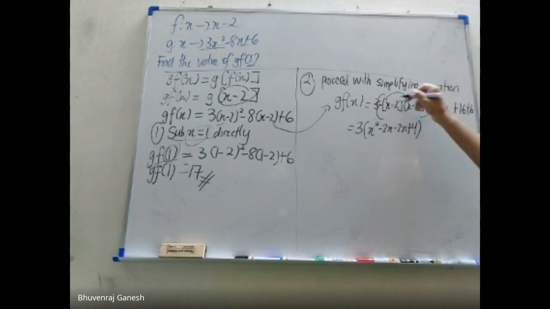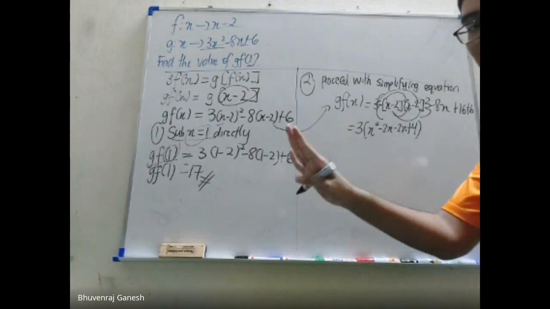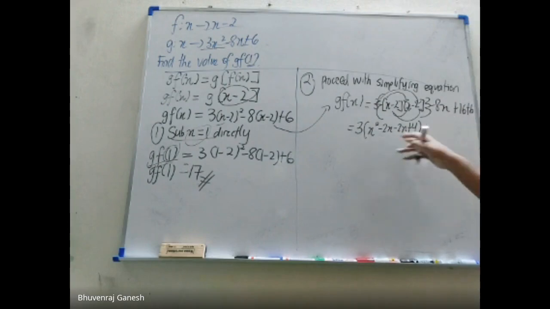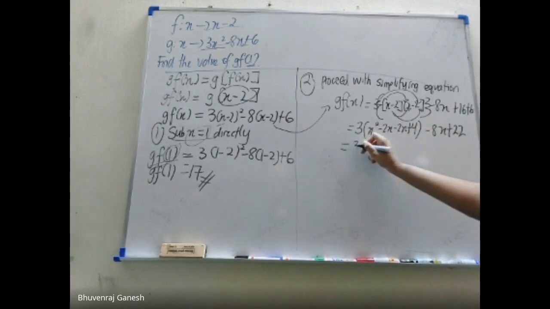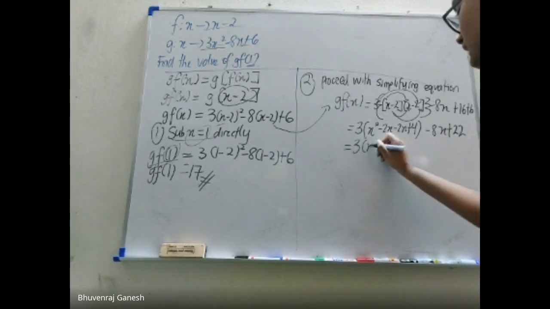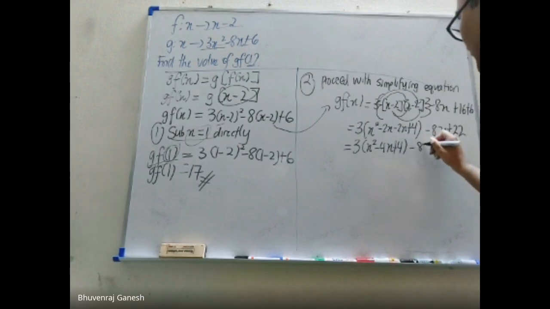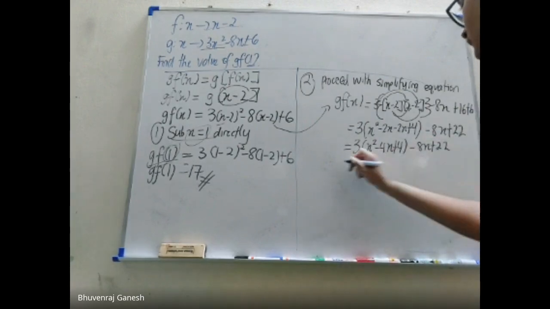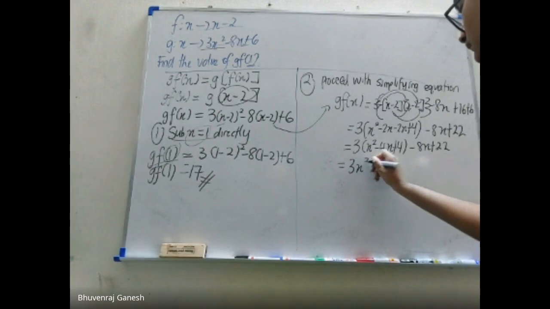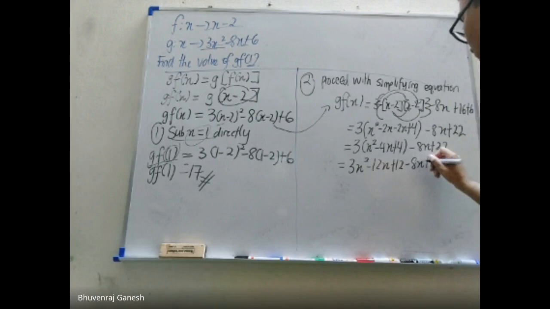Same format, so you make sure you do 4 times, then only you get 4 separate terms. So minus 8x plus 22. Simplify this: x squared minus 4x plus 4, and then 3x squared minus 12x plus 12 minus 8x plus 22.